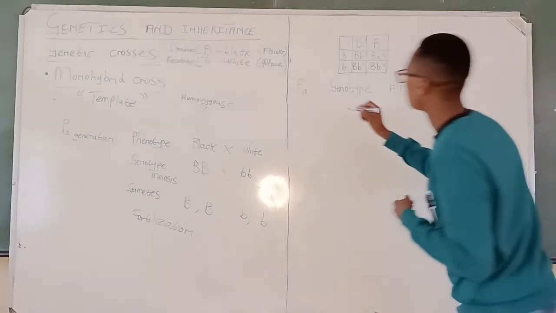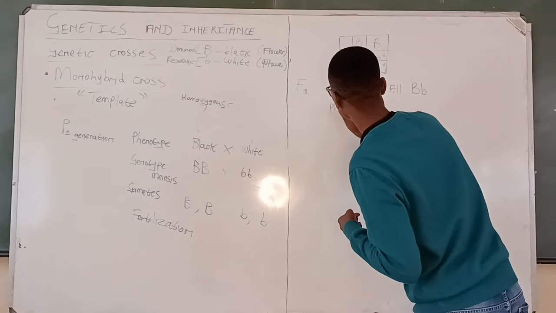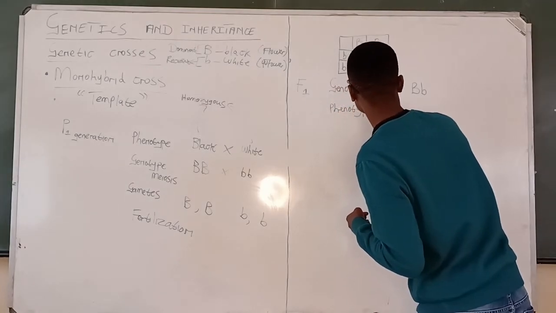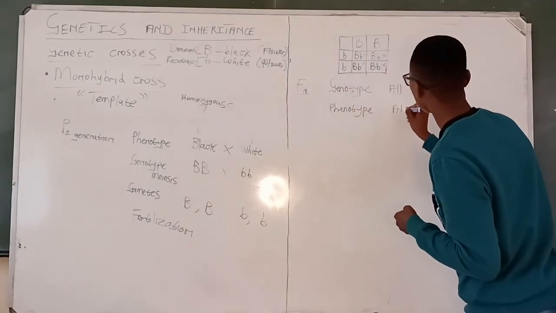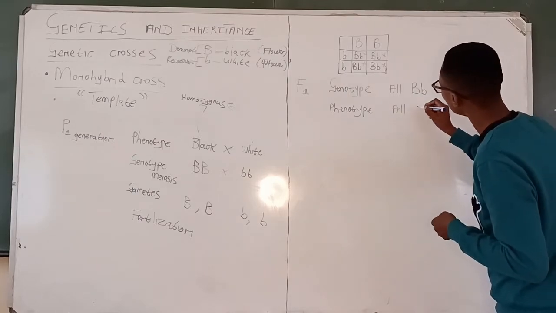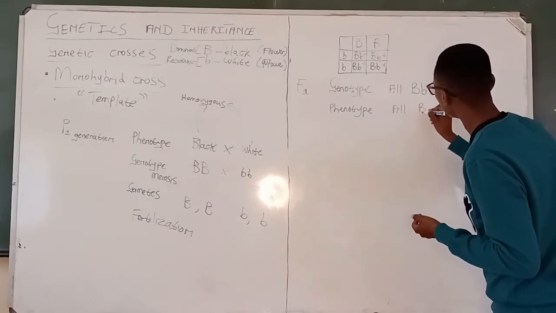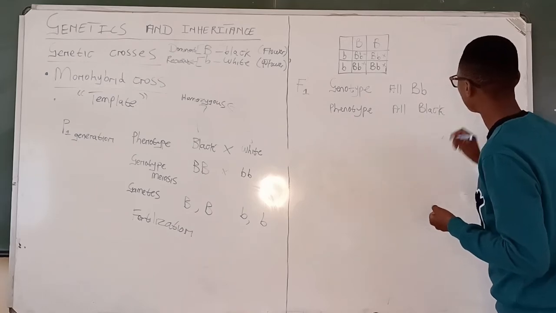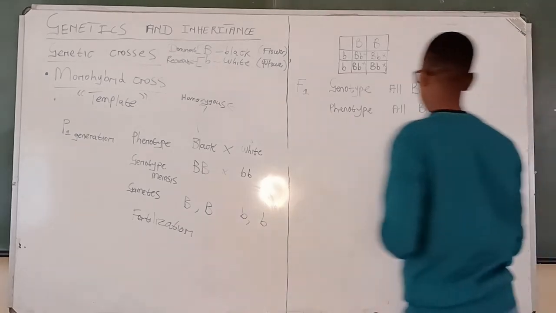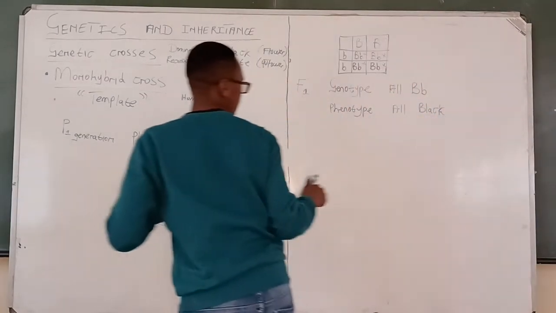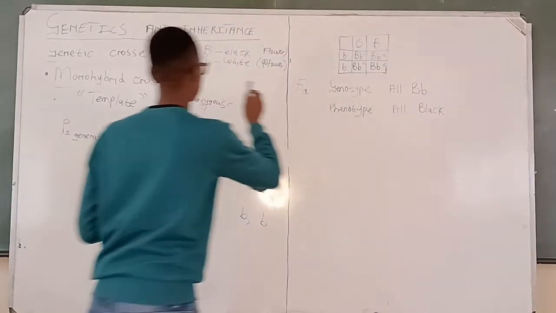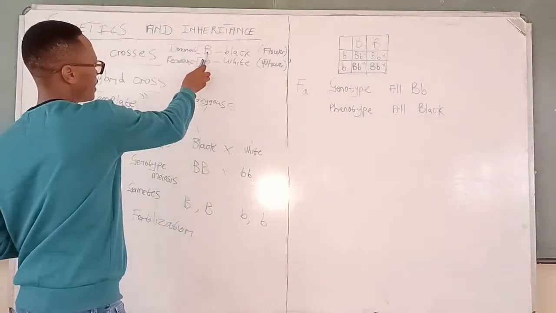Okay, so the phenotype now, we can say all of them will be black. When we look at the offsprings at the end of the fertilization period, we see our offsprings becoming black. Why are they black? Because of this dominant allele which represents black, and it is dominant.